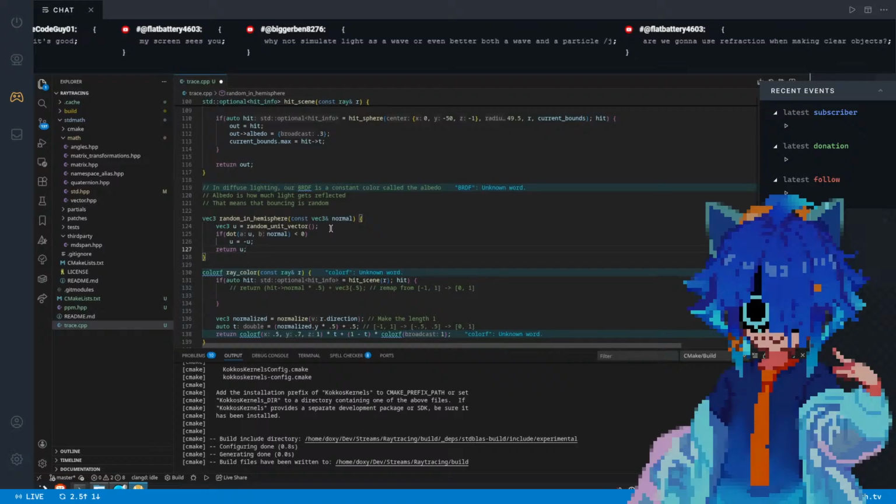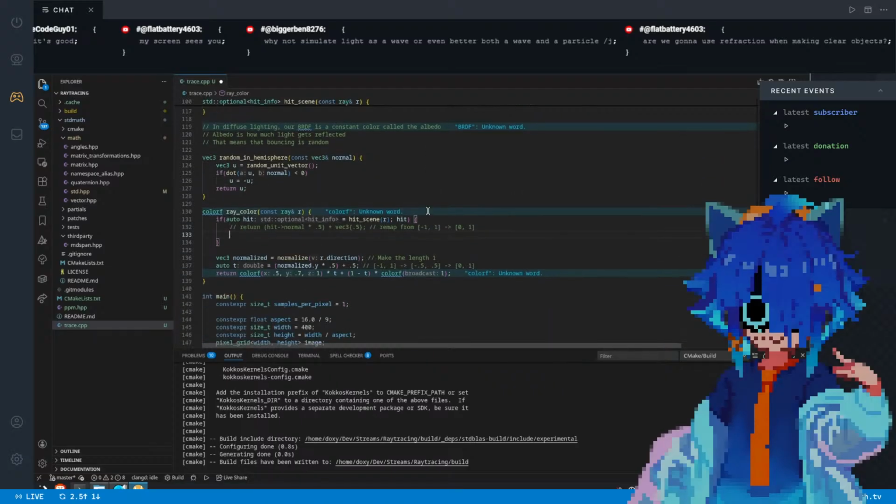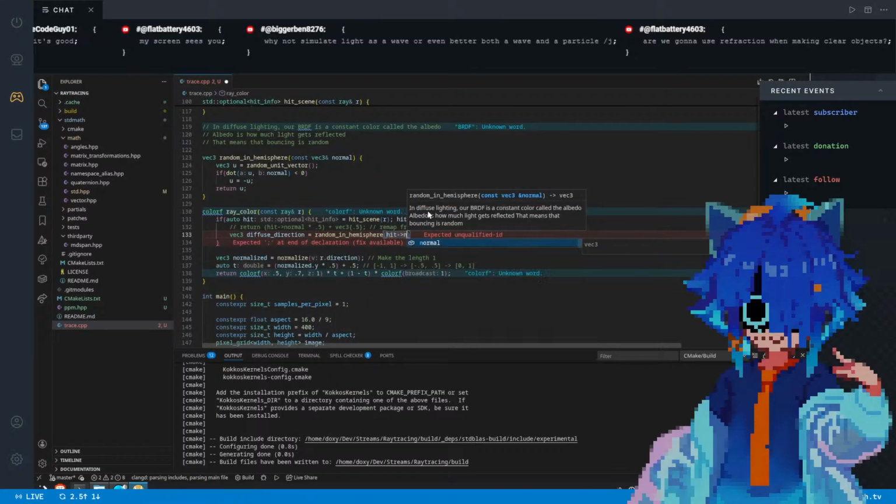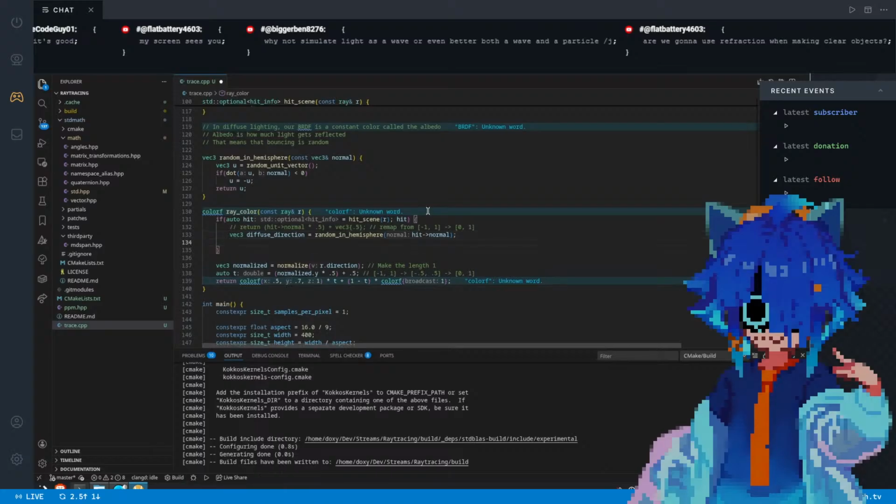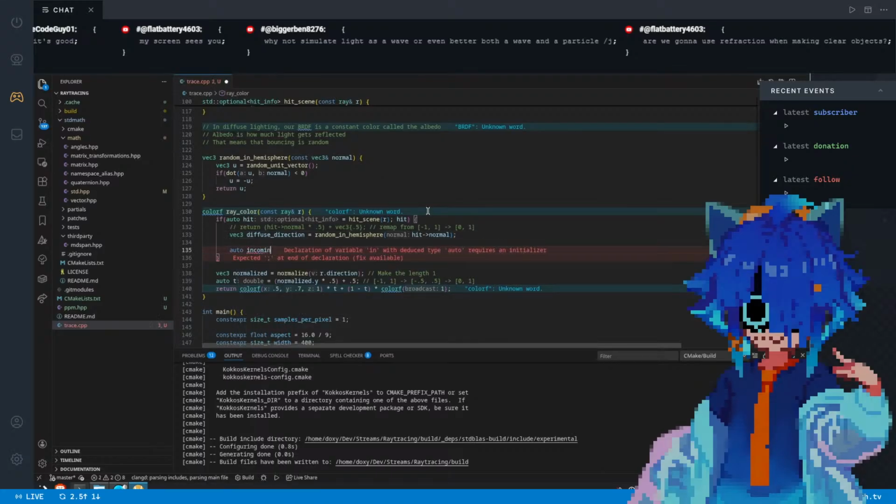Okay, so now that we have our random in hemisphere, our vec3 diffuse direction is going to be random in hemisphere with our hit normal. And then we're going to have our incoming light.